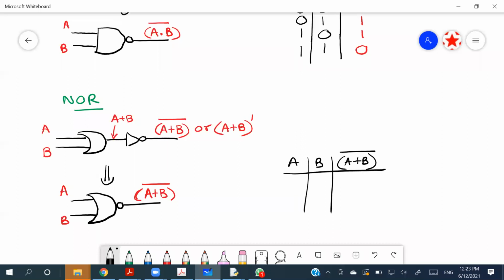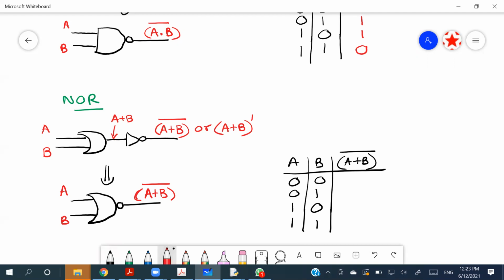now why I am drawing this truth table and asking you to draw it again, sometimes they will give you a particular truth table and will ask what is the related gate regarding this. So you better have the idea, right? Which gate is getting which truth table.